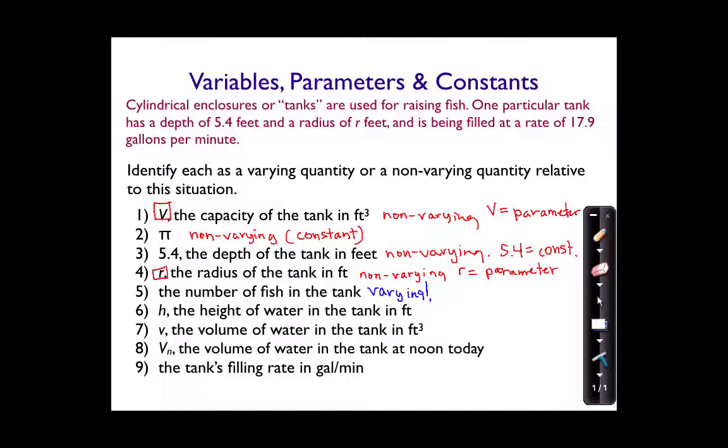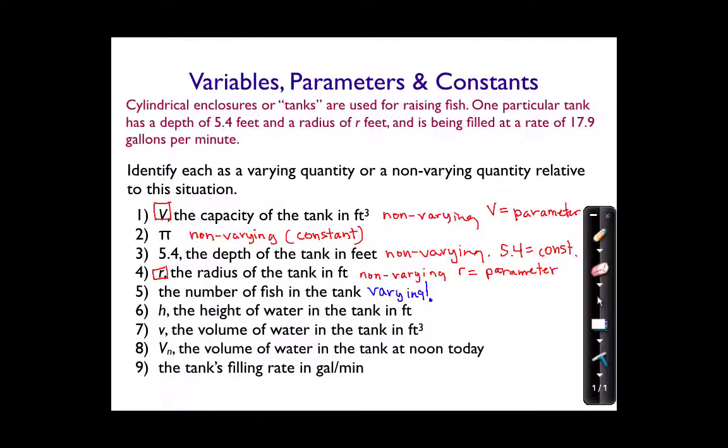Is this a parameter, constant, variable? Well, there's something missing. It's a varying quantity, but there's not a symbol. If I call it capital N, the number of fish in the tank or something, N would be a variable, but there's not a variable here. I don't have a symbol to represent this.